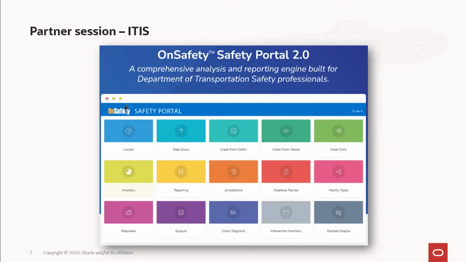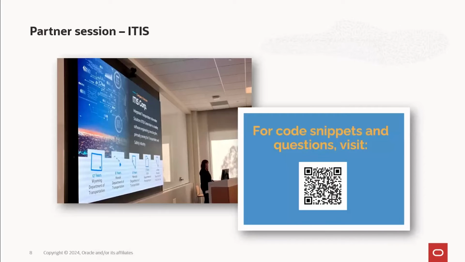Because the nice thing about this presentation was also that they had a couple of technical details explaining how they implemented things. And anybody who wants to have a look at how they worked with vector tiles, how they used the Oracle REST Data Services in conjunction with their platform, how they used Apex to visualize things and so on, they have a bunch of sample code snippets, and if you're quick, you can take a screenshot of the QR code.